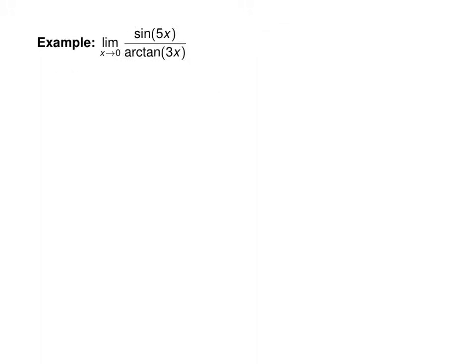Alright, here we have sine of 5x over arctan of 3x. So sine of 0 is 0, arctan of 0 is 0. This limit is of the form 0 over 0, so apply L'Hopital's rule. The derivative of sine of 5x will be 5 cosine 5x.